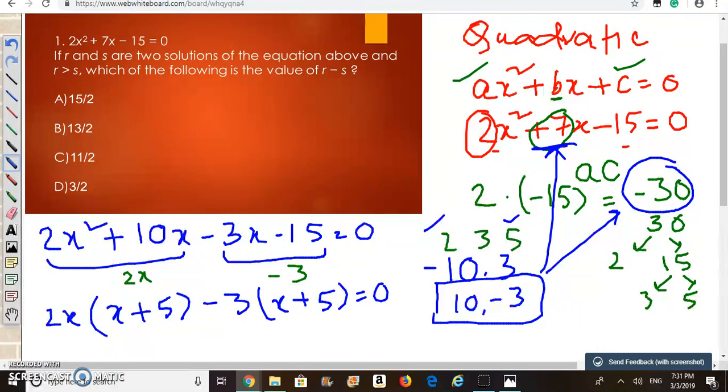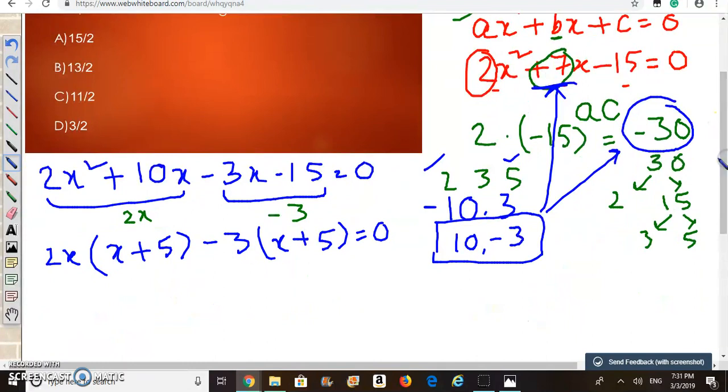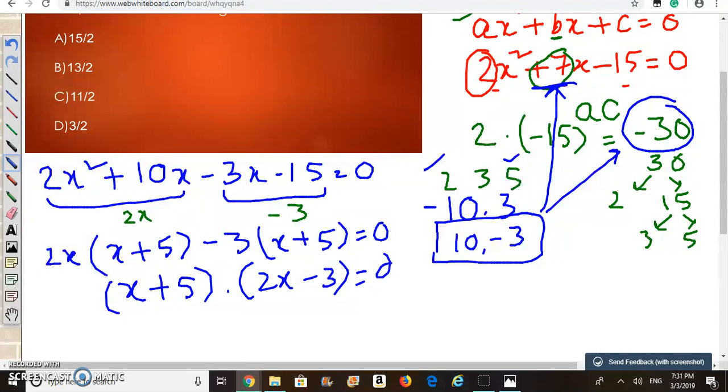So we can use the distributive property to factor out this common factor, and we can rewrite this as a product of two expressions, x plus 5 times 2x minus 3 equals 0.